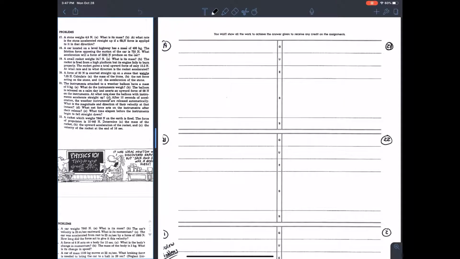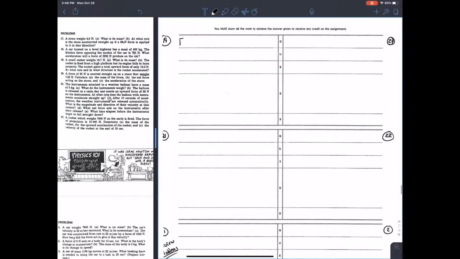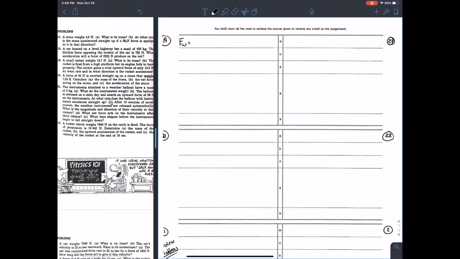Okay, we're going to pick up at number 19 now. It says that we have a small rocket that weighs, so that is FW, 14.7 newtons. It says, what is this object's mass? Well, if we're on the Earth, we have to use 9.8 meters per second squared for the acceleration. Our mass is what we're trying to figure out.